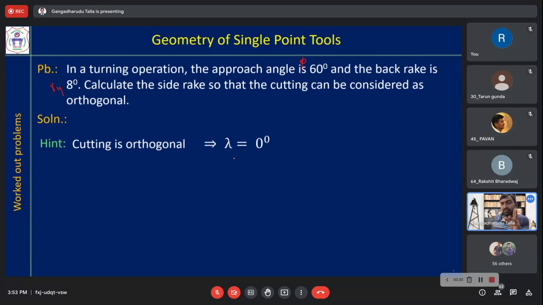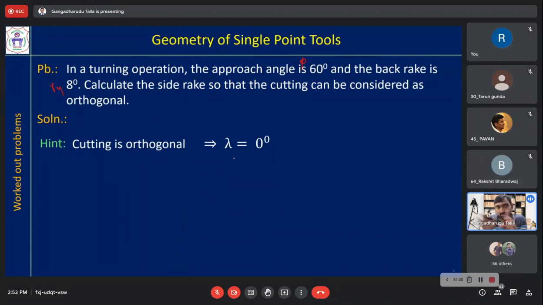So if you want to equate ASA with ORS system, if lambda becomes 0, ASA and ORS systems will become same. So that is the thing you have to observe. Cutting is orthogonal means lambda is equal to 0.